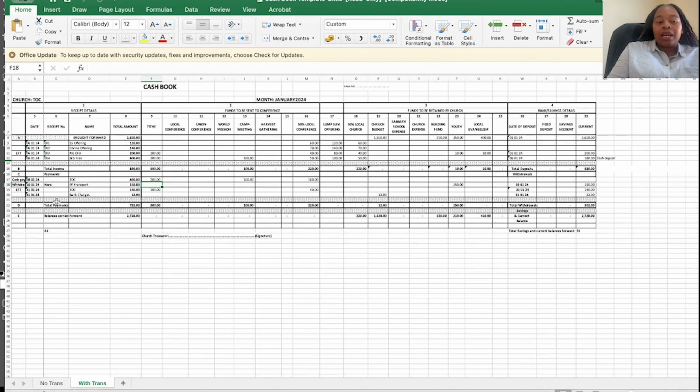You can put them as a lump sum, or you can put them weekly if you want to, but I think it's better if you just add them all for the month, and then you put them as a lump sum. So the bank charges for our account, it was 12 rand, and that one goes to church budget, because it doesn't affect a certain department, but it affects the whole church. So it goes under church budget.